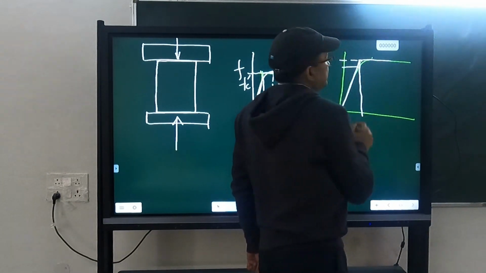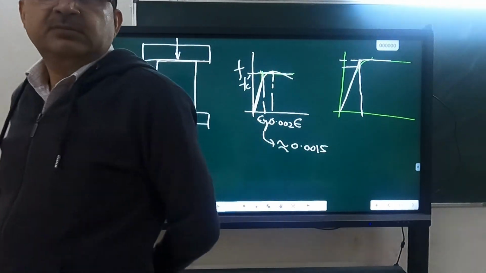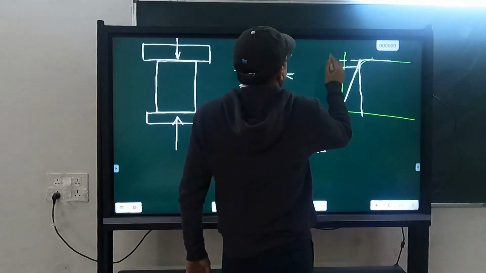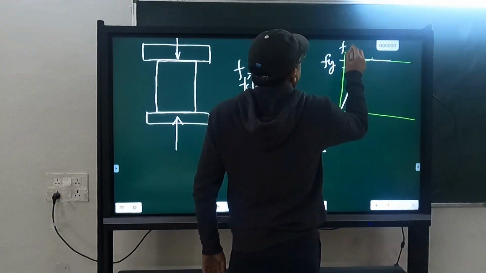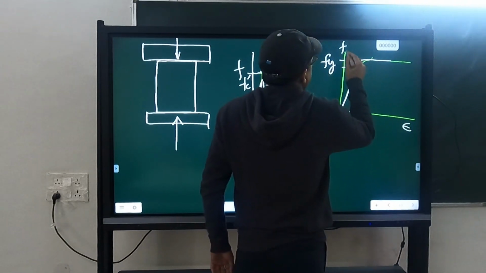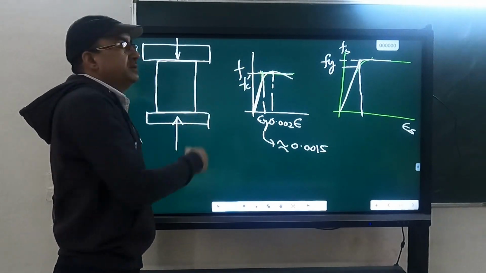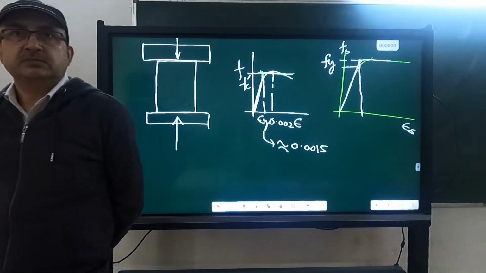But this difference is quite small, which you can ignore. So that's why we consider this itself in the case of steel. But in concrete we can't do that, because here the difference is more.